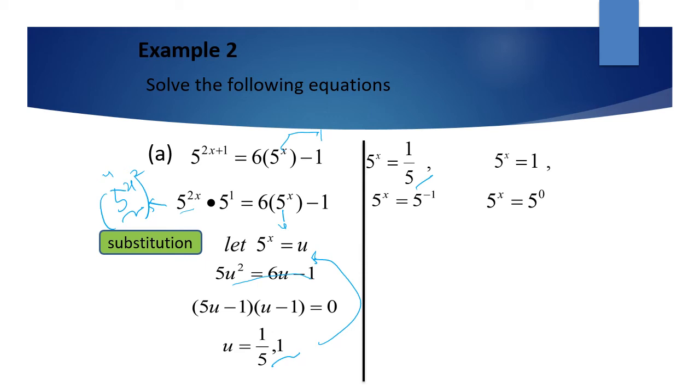For the right side, 5 to the power of x equal to 1, which is equal to 5 to the power of 0. This is the property of indices. Comparing the indices on both sides, we have x equal to negative 1 and x equal to 0. Both of these are the answers.